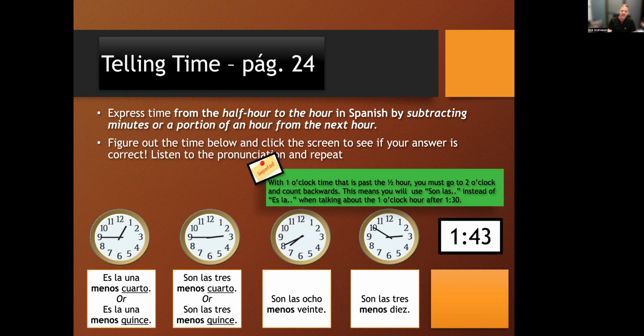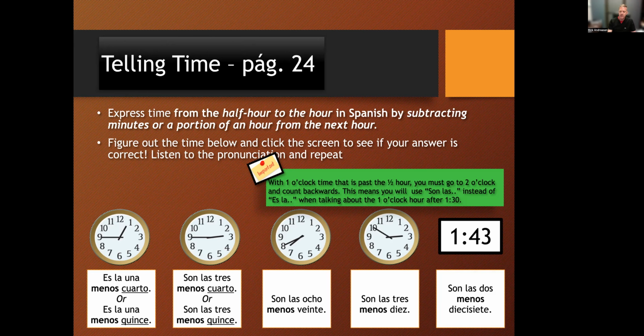Muy bien. And the fifth one, you can take a little bit of math to figure this one out, right? Son las 2:17. Clases repitan. Son las 2:17.